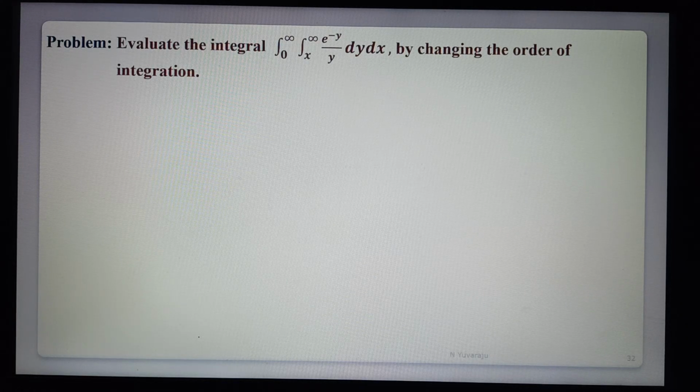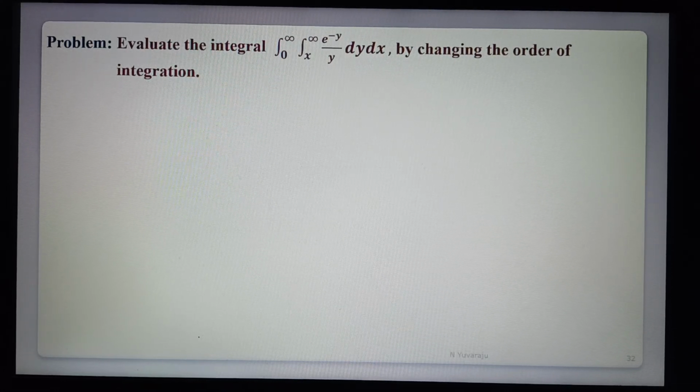Listen carefully, all of you. Listen once again. This is a very important question. In the coming exam, this question will come in the examination. Okay? Listen carefully to this question. Very important.